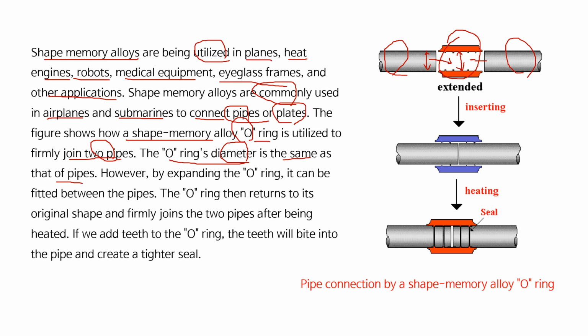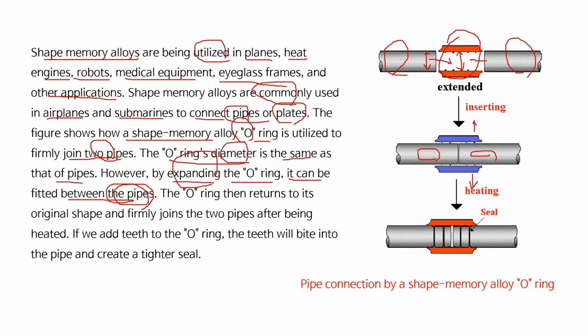However, by expanding the O-ring below the Martensite finish temperature, it can be fitted between two pipes.